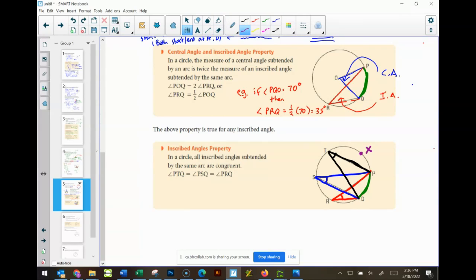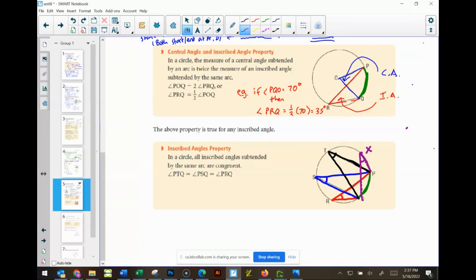Wrong spot. If I draw another inscribed angle that starts at Q or P, it doesn't matter where it is on the outside of the circle, that angle right there is also going to be exactly the same as the other colors.